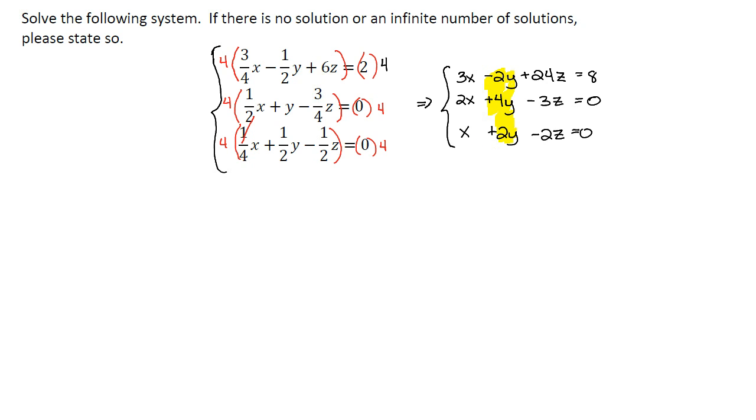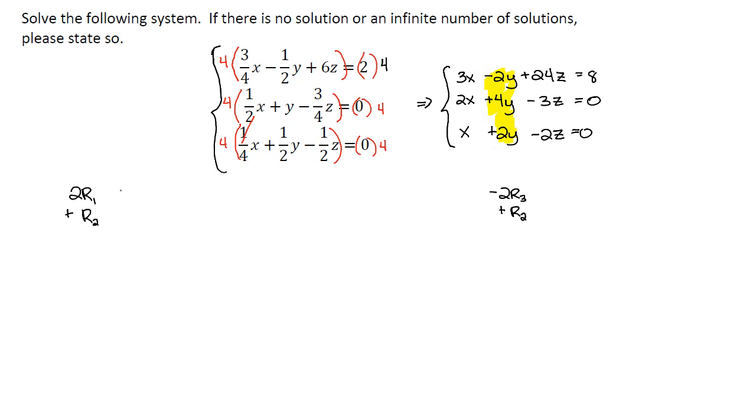I'll take twice that first row and add it to the second row. And at the same time, I'll take a negative 2 times the third row and add that to the second row. When we do this, we'll kill off y twice and we'll get 2 equations, and in each of those equations we'll have just x's and z's.